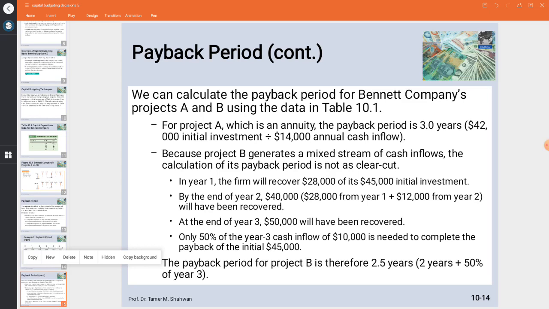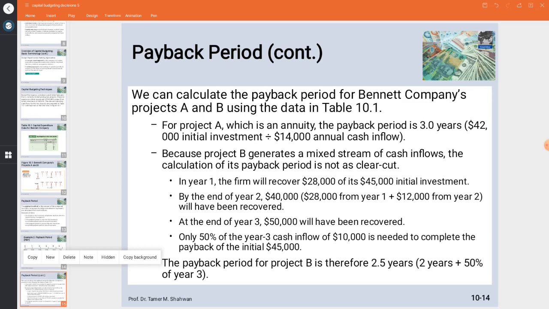So this means that if we divide 42,000 by our constant annual cash inflow of 14,000, exactly after 3 years we will be able to cover our initial cost. This means that the payback period for project A is 3 years.